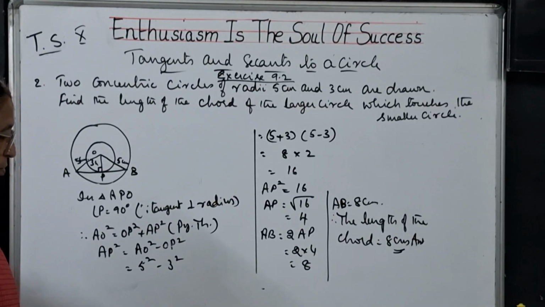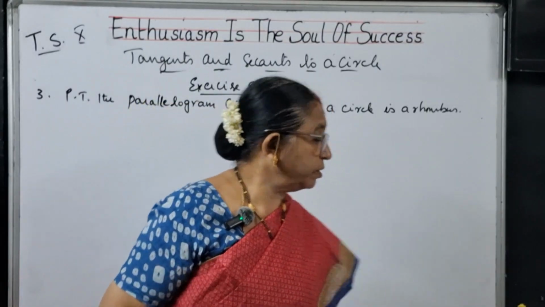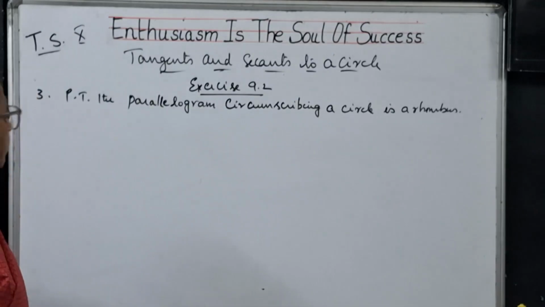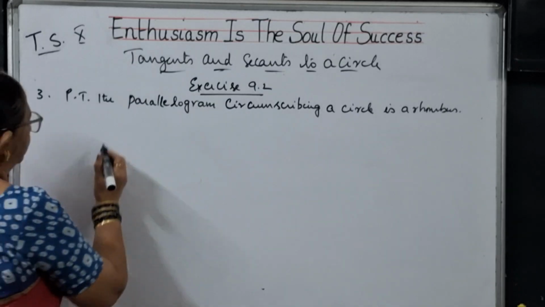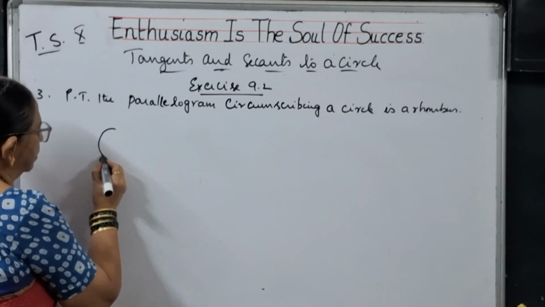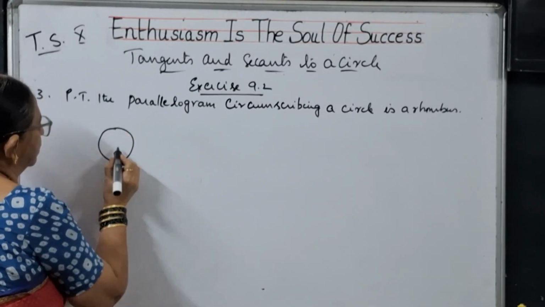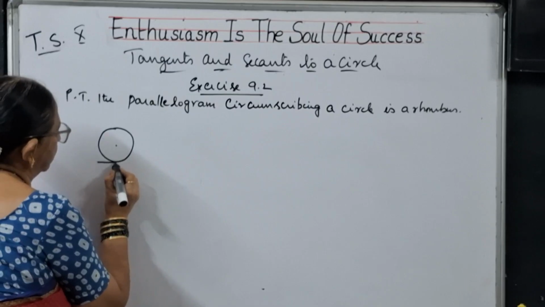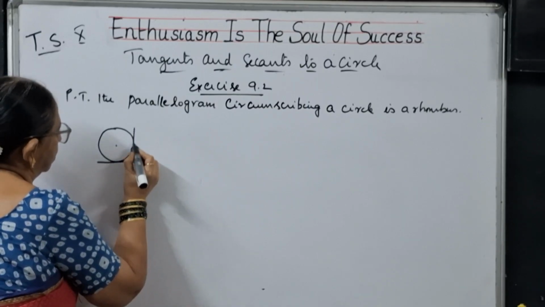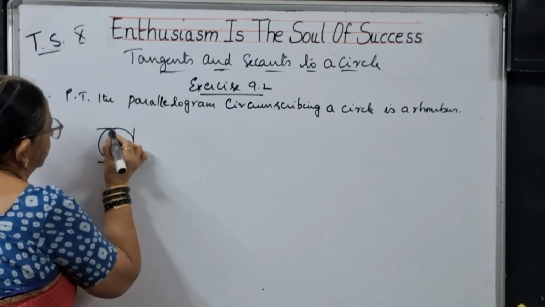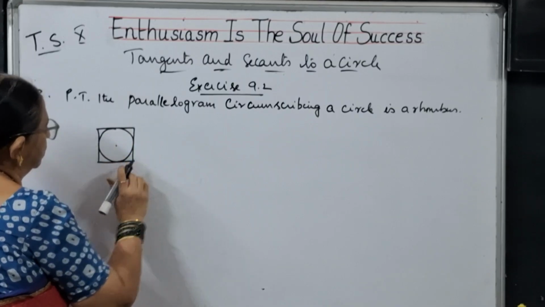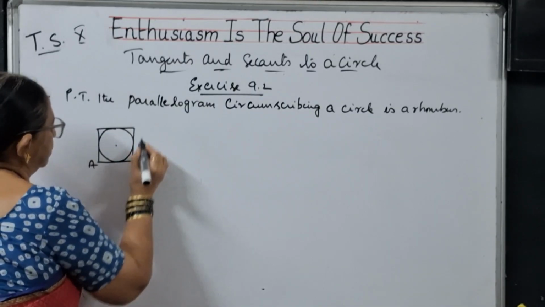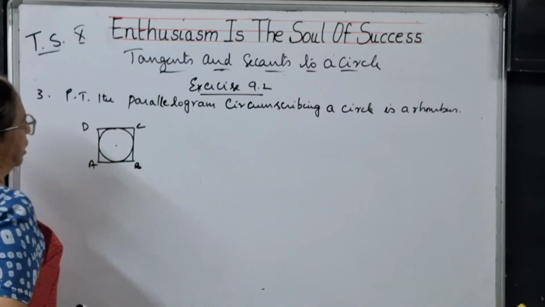Now the next one is: prove that a parallelogram circumscribing a circle is a rhombus. Parallelogram circumscribing a circle. Suppose you have got a circle like this, and this is considered as ABCD, a parallelogram.